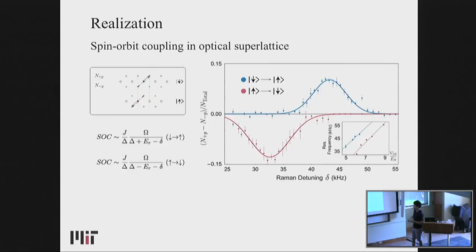This can be explained simply by energy conservation in our system. Depending on which spin state we started with, when we are transferring atoms, we can either provide the extra transverse kinetic energy with our Raman beams, or the energy released when the atoms transfer from the spin up to the spin down state will, together with the Raman detuning, provide this extra transverse kinetic energy.